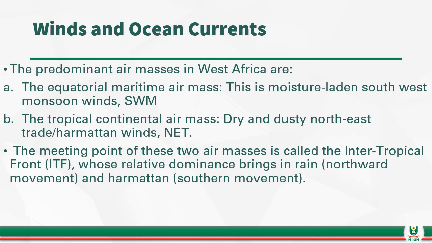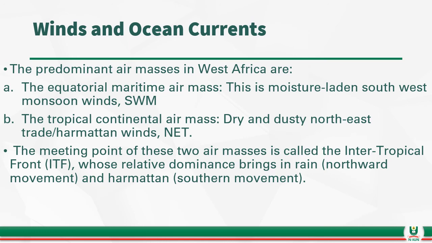The second is the tropical continental air mass, usually characterized by dry and dusty northeast trade harmattan winds.